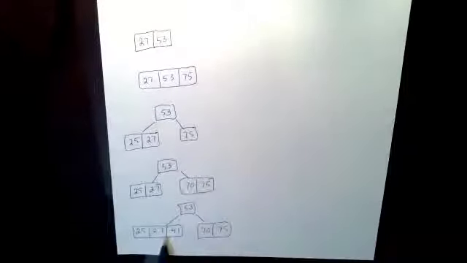And the next number I added was a 38. 38 made this node blow up. And what did it do? Sent the middle term up. So the 27 is going to go up with the 53. So at the top, I have 27 and 53.